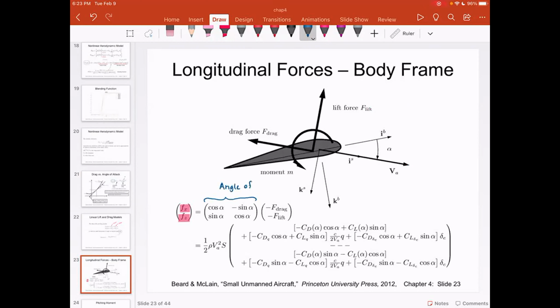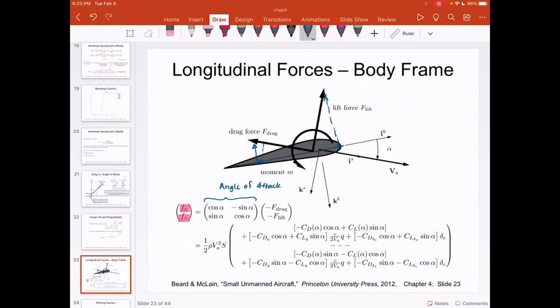This is nothing but the rotation matrix that maps drag force and lift force to the forces in the body coordinate system. So it is very easy to see that you have a component of drag force going in this direction, and a component of drag force going in this direction. You also have a component of lift force going in this direction, and a component of lift force going in this direction.